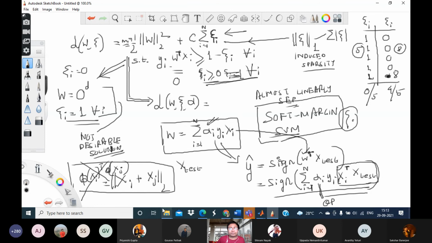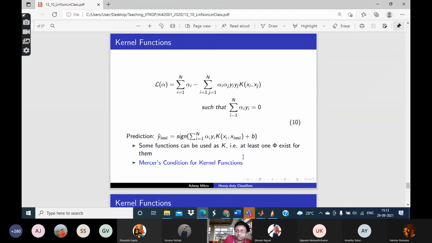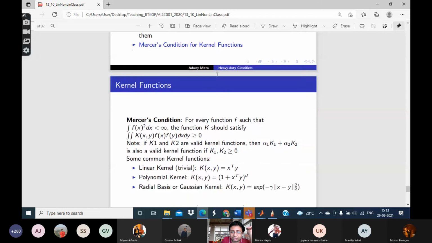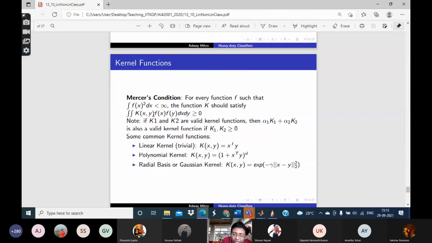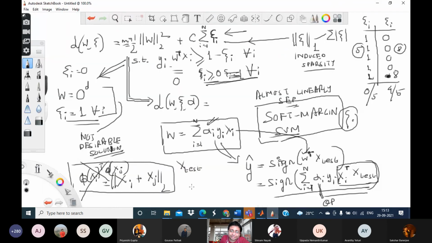There are only certain functions, only a small class of functions, which can act as a kernel function. What are those functions? Those are functions which satisfy what is known as Mercer's condition. You do not have to understand this condition in great detail. Basically it is telling you that it is only for functions satisfying Mercer's condition that such a phi actually exists.